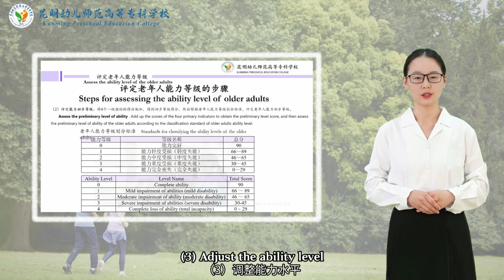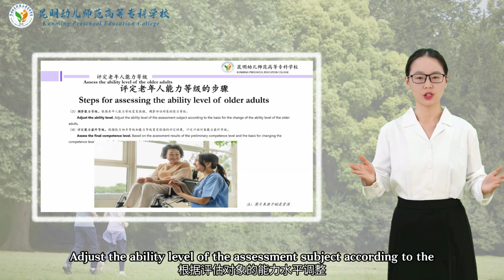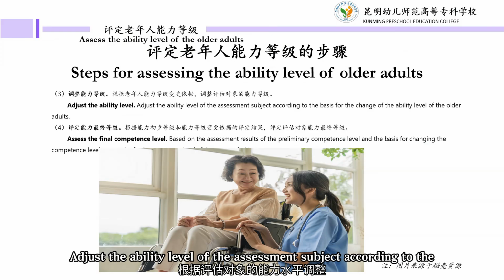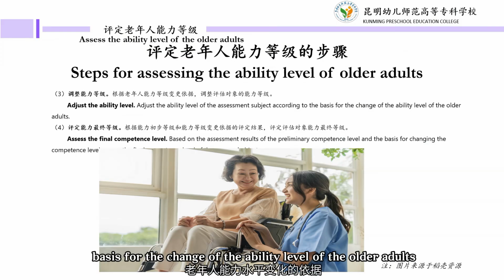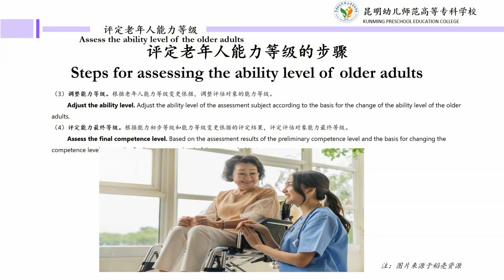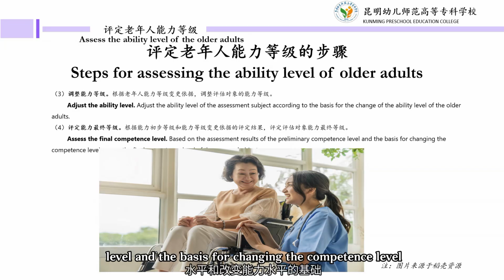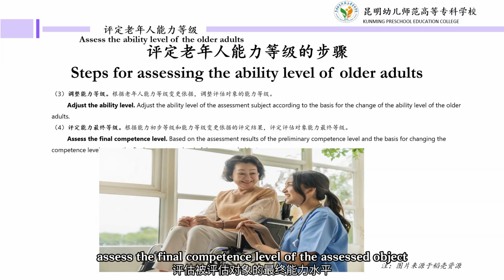3. Adjust the ability level. Adjust the ability level of the assessment subject according to the basis for the change of the ability level of the older adults. 4. Assess the final competence level. Based on the assessment results of the preliminary competence level and the basis for changing the competence level, assess the final competence level of the assessed object.